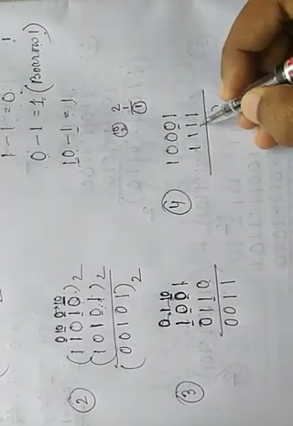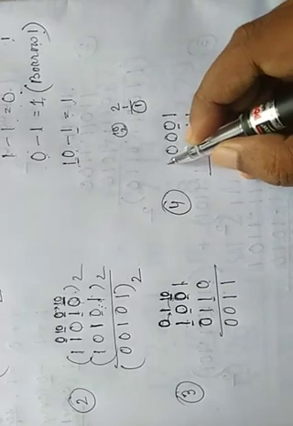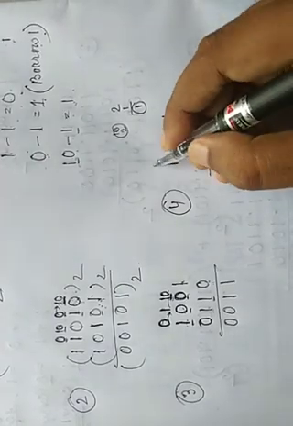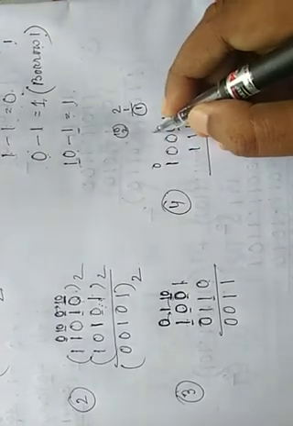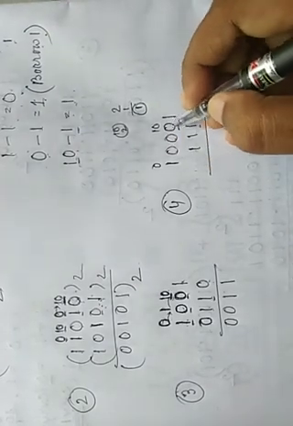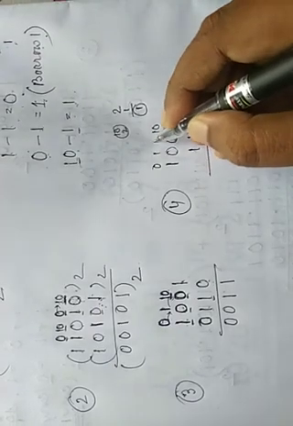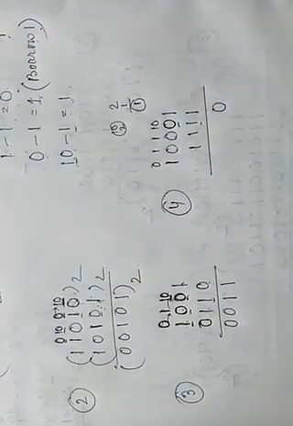Again 0 and 1, so the previous two values are 0, so we have to take 1 from this. So this 1 becomes 0 and this 0 becomes 10, because we have to take 1 in this position, and all the previous 0s in the middle change into 1.